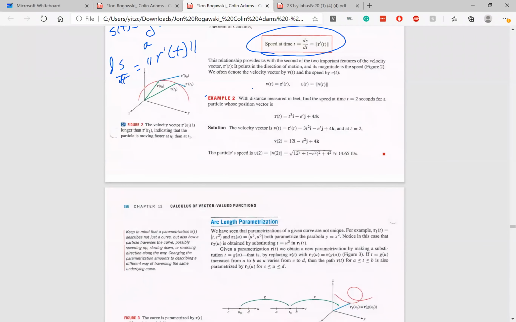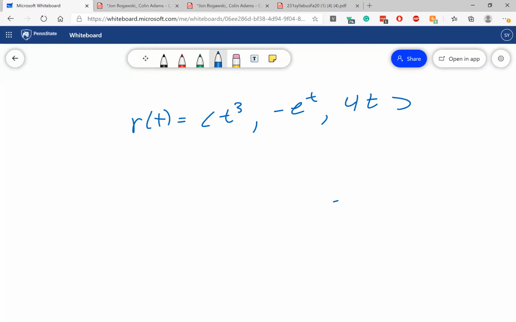And we want to find the speed at t equal to 2. So again, we're looking for the magnitude of r prime of t at 2, or really the magnitude of r prime at 2.